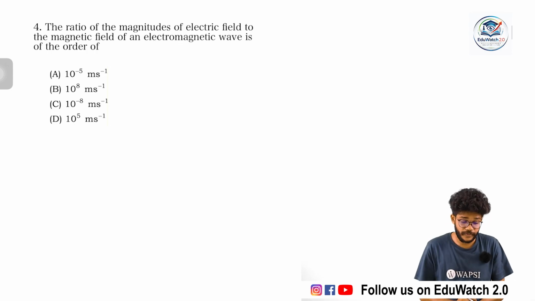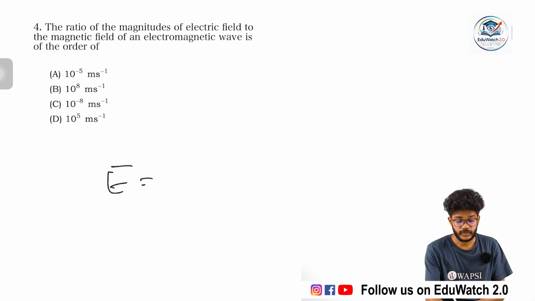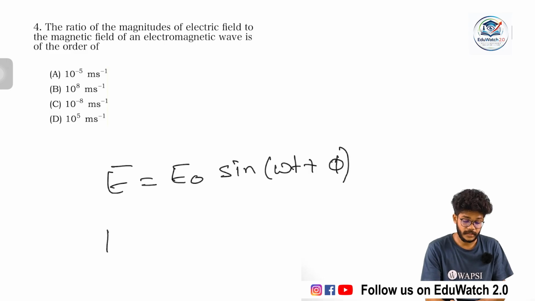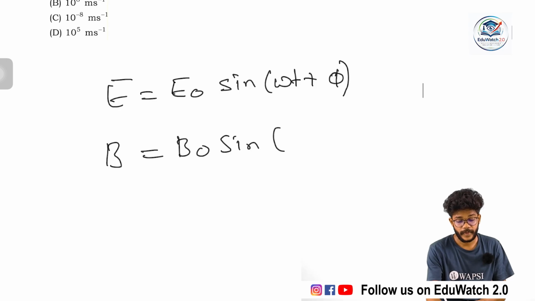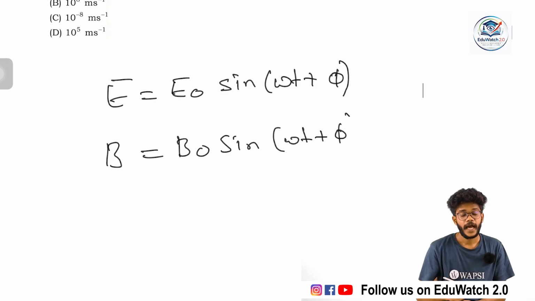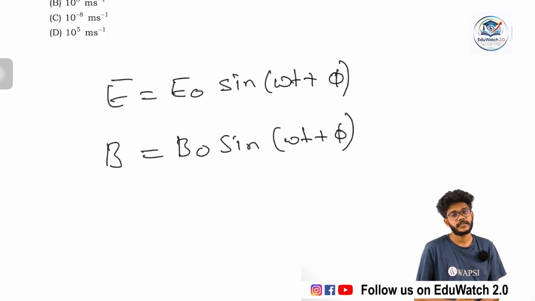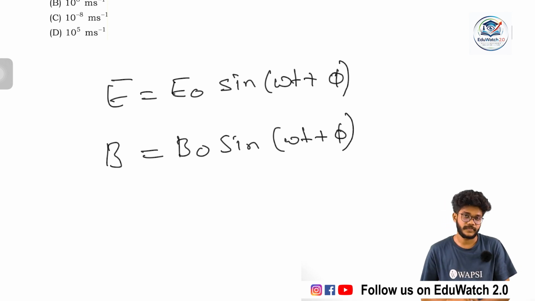The ratio of the magnitude of the electric field to the magnetic field of an electromagnetic wave. We know that E is equal to E0 sine of omega t plus phi, and B is equal to B0 sine of omega t plus phi, and E0 and B0 have a connection.